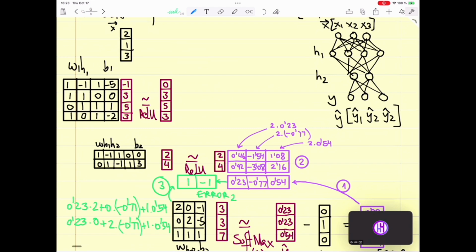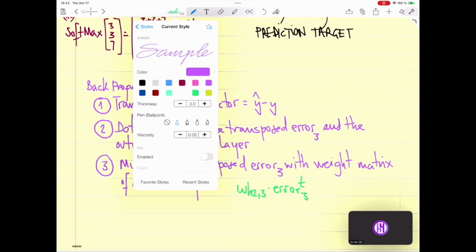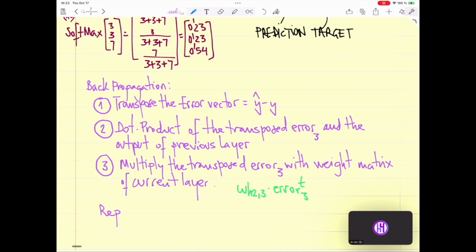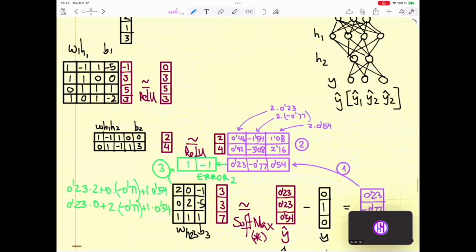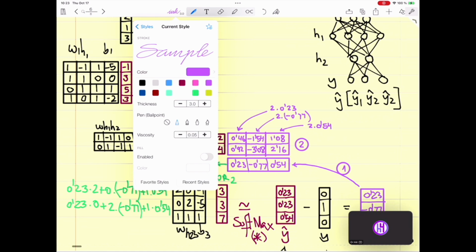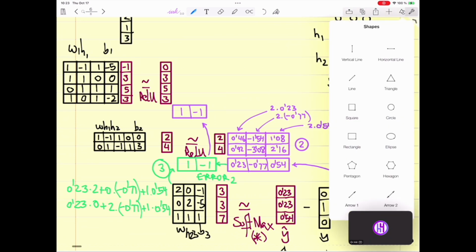And then we repeat. So what I do is I take again the error 1, minus 1, and I multiply it, dot multiplication.